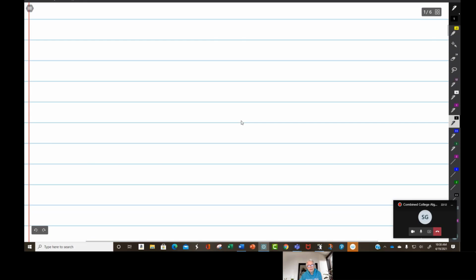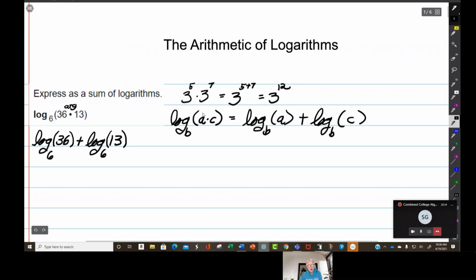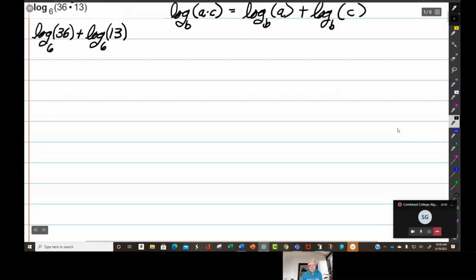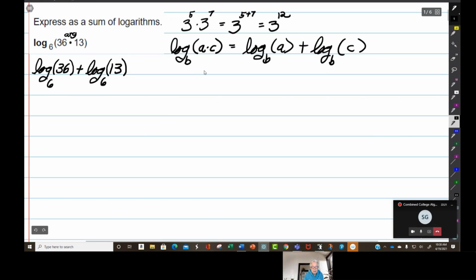So these are the two sides of what's called the product rule of logarithms. Product means you multiply, or the answer you get when you multiply. The product rule.